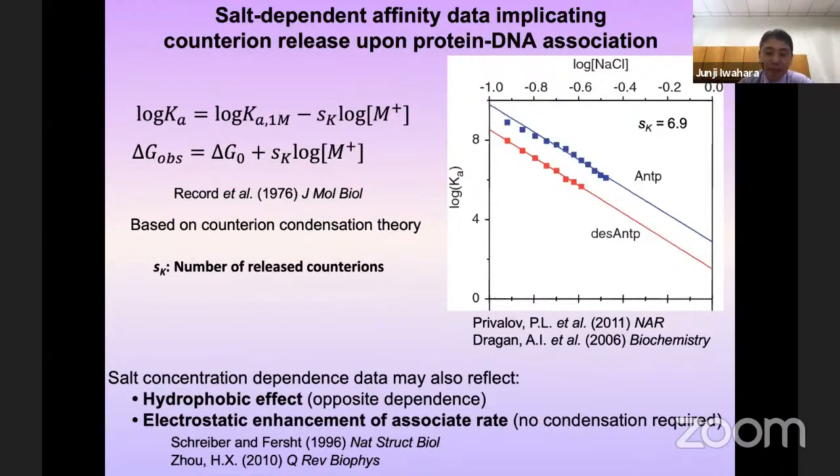And even without any condensation of ions at all, the binding constant is still dependent on ionic strength, for example, because the kinetic rate constant for association is affected by the screening effect. So this was a quite controversial method, although it's simple and really liked by many experimentalists.